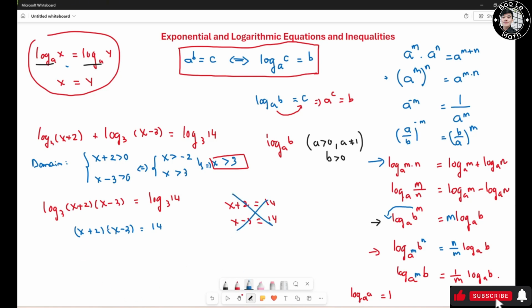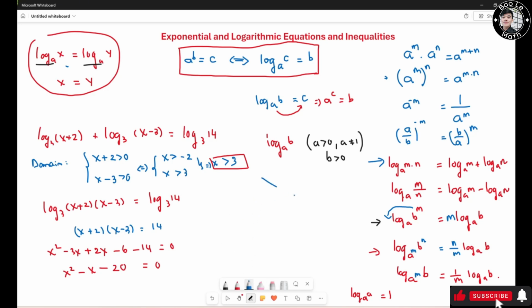Okay, so distribute this one. It turns out to be s squared minus 3s plus 2s minus 6, and then subtract 14 from both sides. It's going to be equal to 0. So simplify this one. It turns out to be s squared minus s minus 20 equals 0. And then I'm going to use the X method to factor this one out.